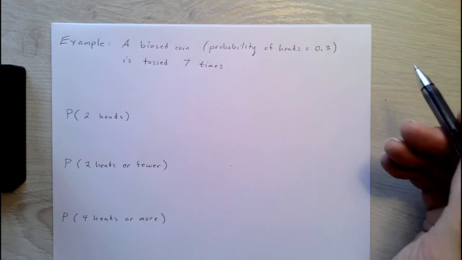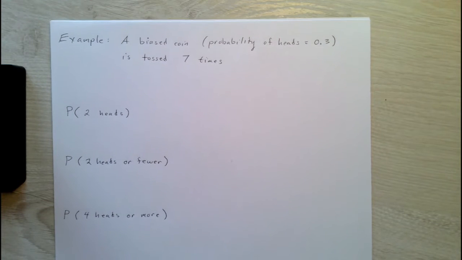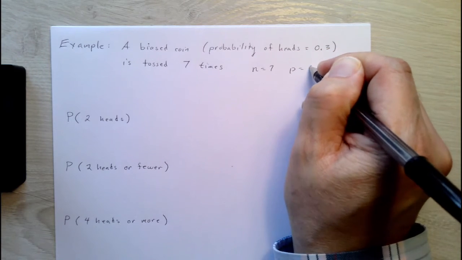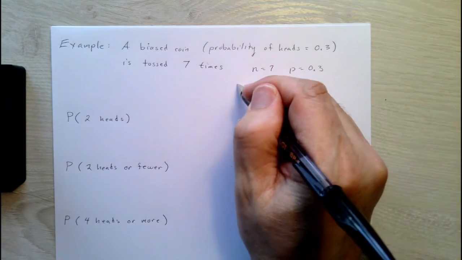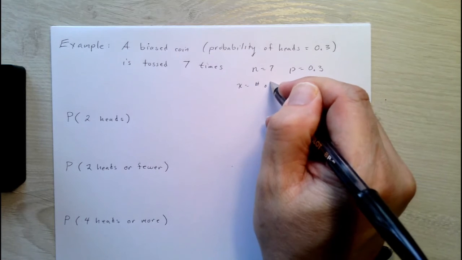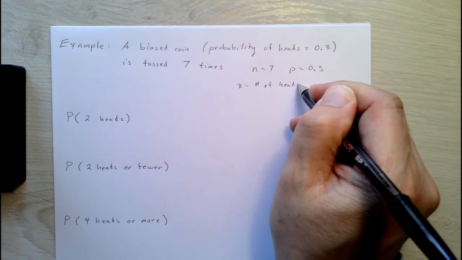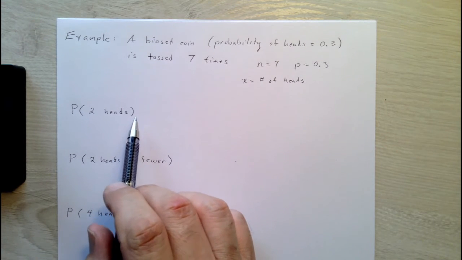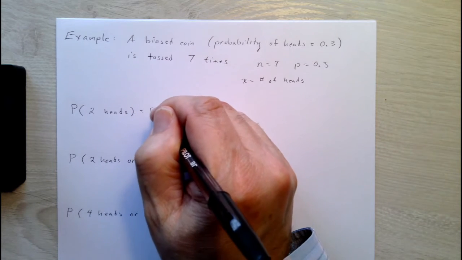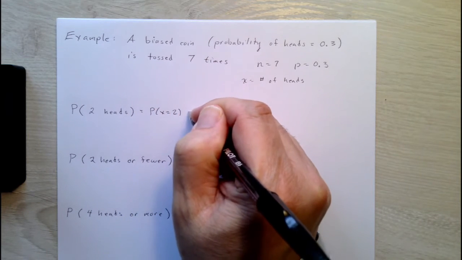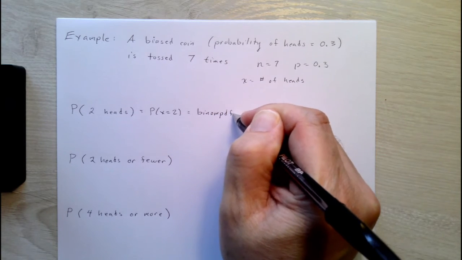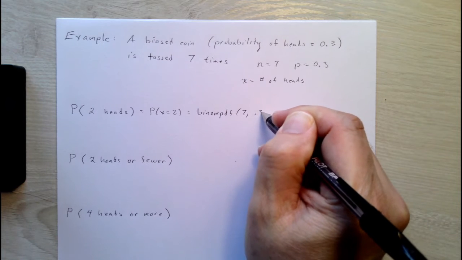So this is a binomial experiment, just like most coin tossing experiments are. n is 7, p is 0.3, and x is the number of heads, because we'll define a success as flipping a head. So if we wanted to find the probability of exactly 2 heads, this is the probability that x equals 2, and this is binompdf of 7, 0.3, 2.